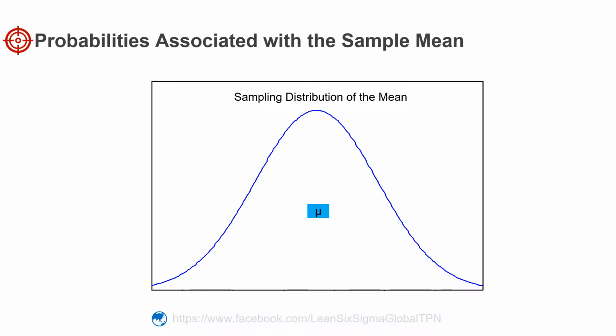For samples taken from a normal population, the distribution of the sample mean is also normal. The sampling distribution is centered at the population mean.